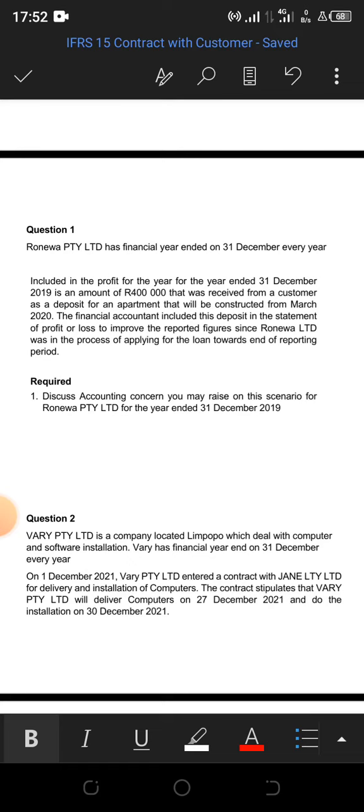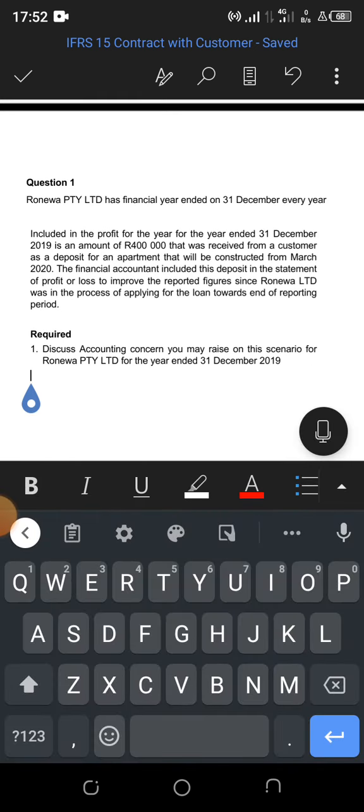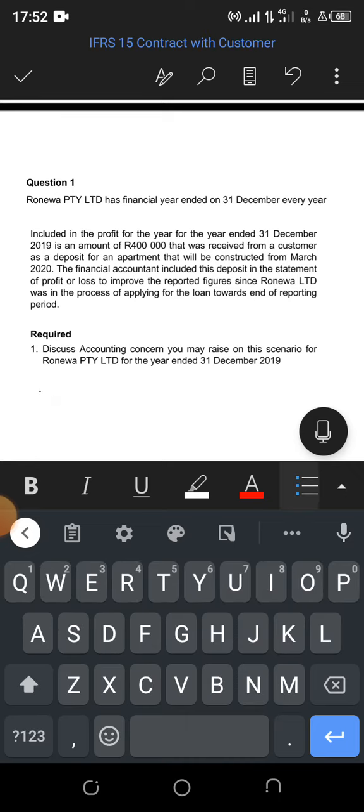So, if you check this scenario, there is an effect of IAS 1, Presentation of Financial Statements, and the Conceptual Framework. So please make sure that you check my other video of IAS 1 where I have discussed the issue of a financial accountant who did something wrong in order to improve the financial statements.